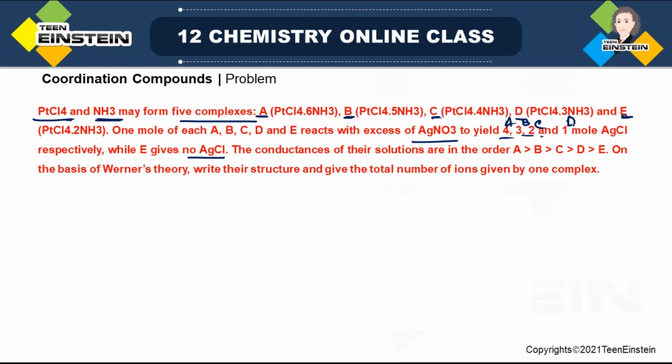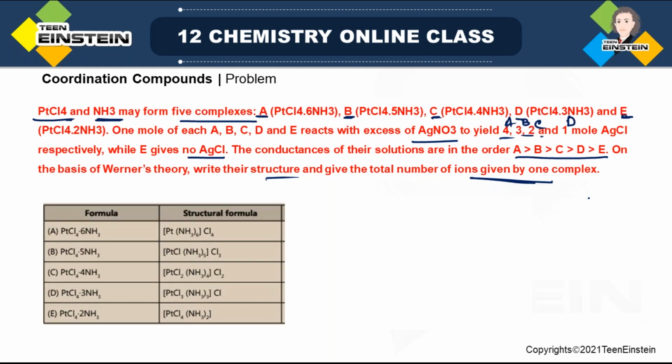The next statement is that the conductances of their solutions are in this order. On the basis of Werner's theory, you have to write their structures, and you also have to give the total number of ions given by these 5 complexes. That is, when dissolving in water, you have to add the total number of cations and anions and write the number. The question is clear. First you have to understand the question properly, and once it is understood, then you can answer, right?